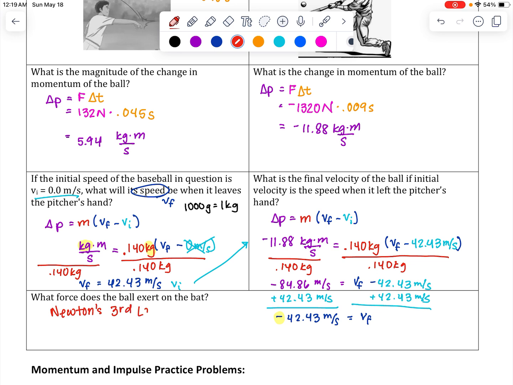Newton's third law means equal and opposite forces, an action-reaction pair. So the force of the bat on the ball is negative 1320, so the force the ball is exerting on the bat would be positive 1320. Yay, done.